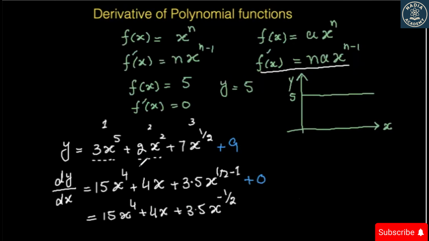So this is a simple method of taking derivatives of polynomials, or you can say functions that have multiple terms. The method is that we differentiate each and every term individually. That is a very simple method to solve these kinds of questions.